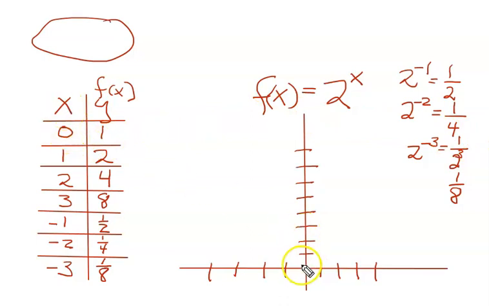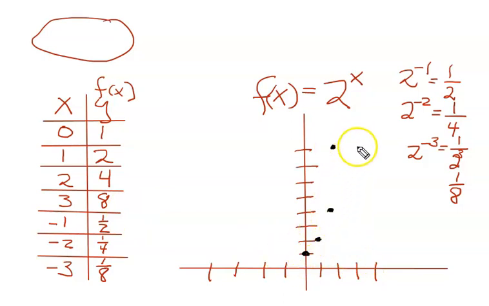If x is 0 right there, our y value is going to be 1. If x is 1, our y value is 2. If x is 2, our y value is 4. If x is 3, our y value is 8.